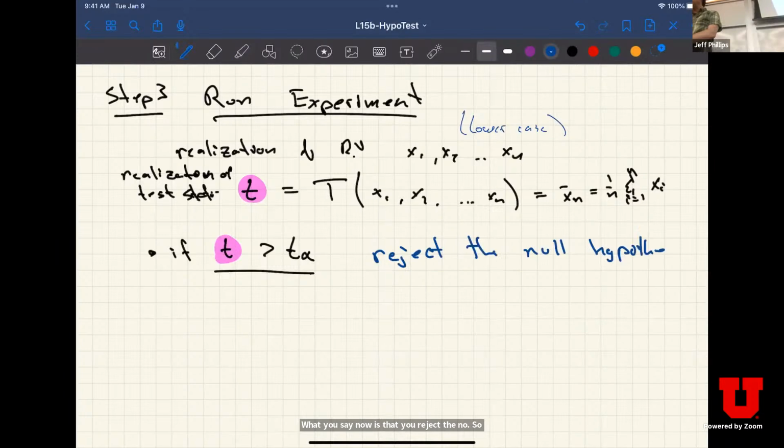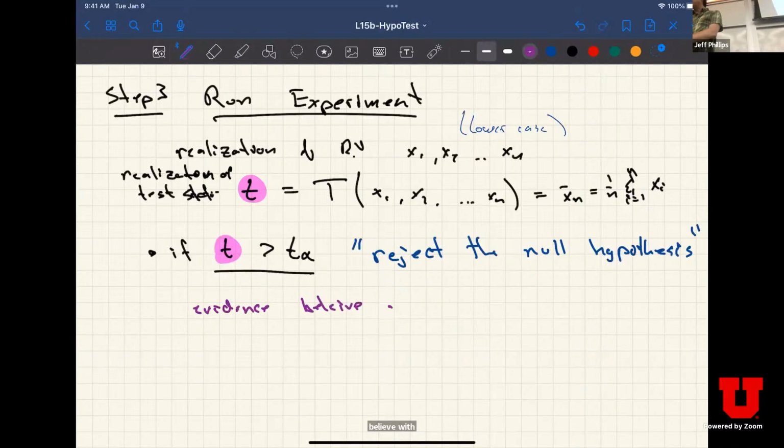This is the terminology to use. To reject the null hypothesis, you'd say there is sufficient evidence, meaning evidence that you believe with 1 minus alpha percent confidence.